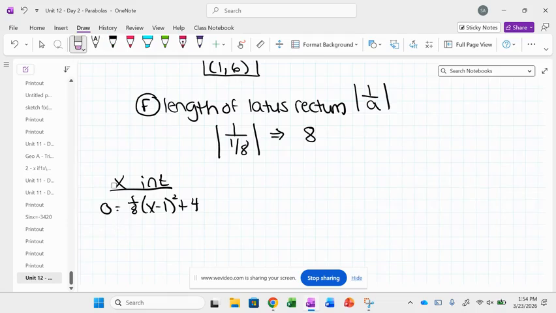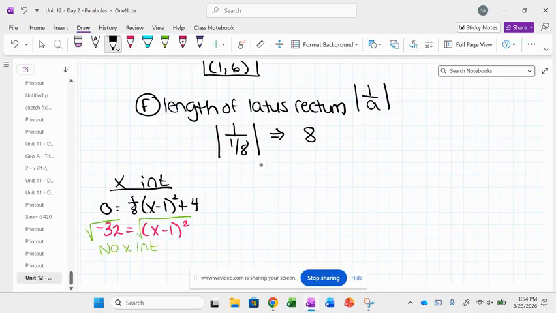So I'm going to have negative 32 is equal to x minus 1 quantity squared. To undo a square, we must take the square root. What does this tell us? There's no x-intercept. How come there's no x-intercept? Because it would be imaginary. So we're going to say no x-intercept.